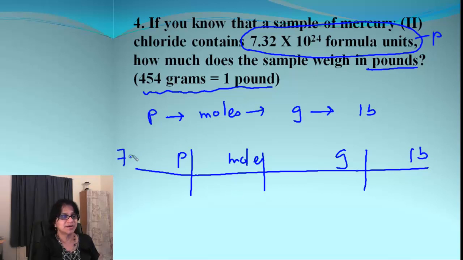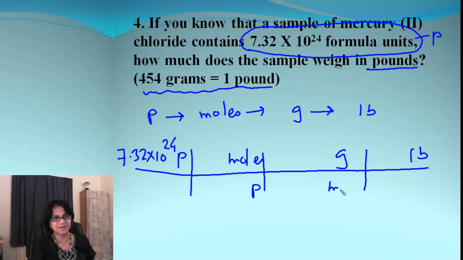Particles are 7.32, what's given to you, you write down that times 10 to the 24th. Particles here, moles here, grams here. You are just simply writing those diagonally across to cancel off those units. And look at the ratio.